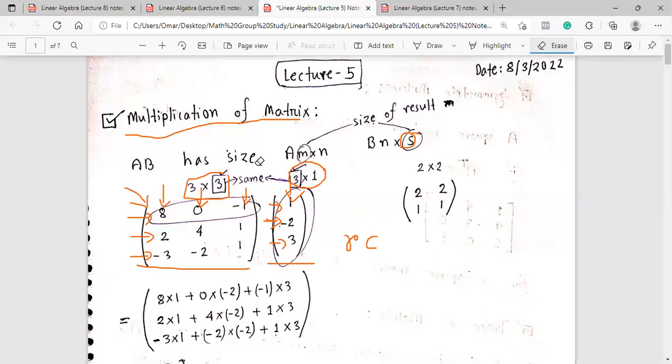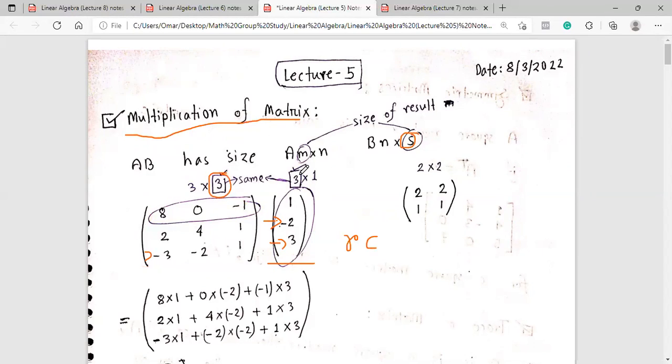So for multiplication of matrix, you must remember that the column count of the first matrix and the row count of the second matrix need to be the same, okay? If they are not the same, then we cannot do the multiplication. So these two must be the same, okay?